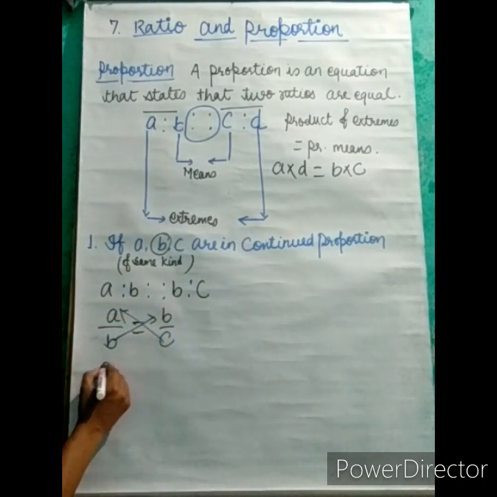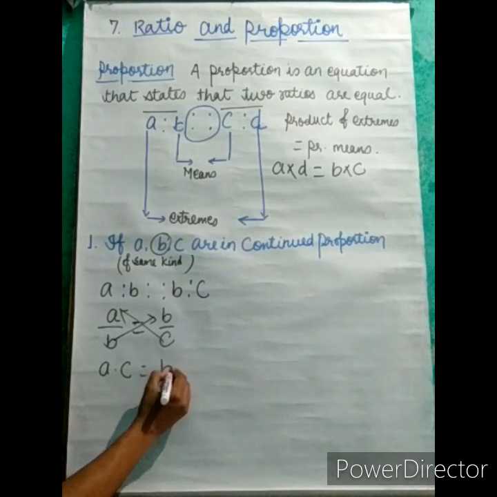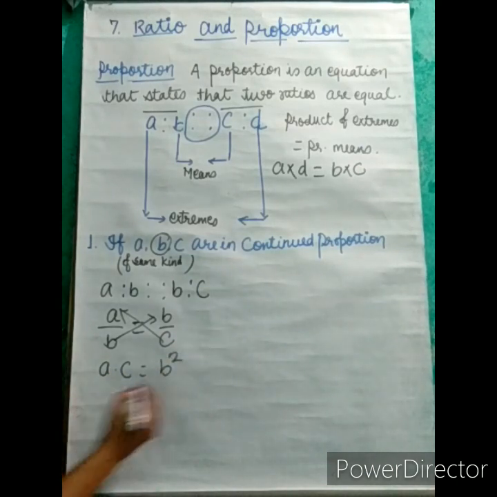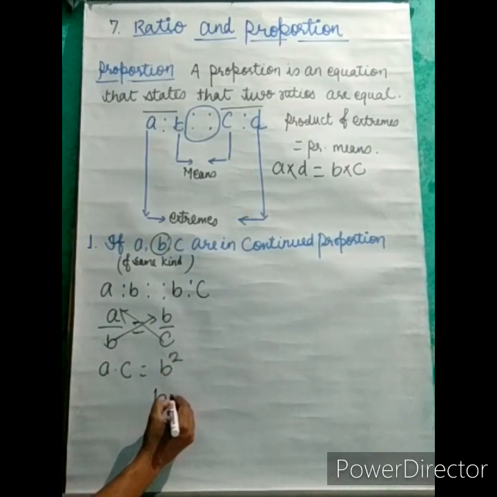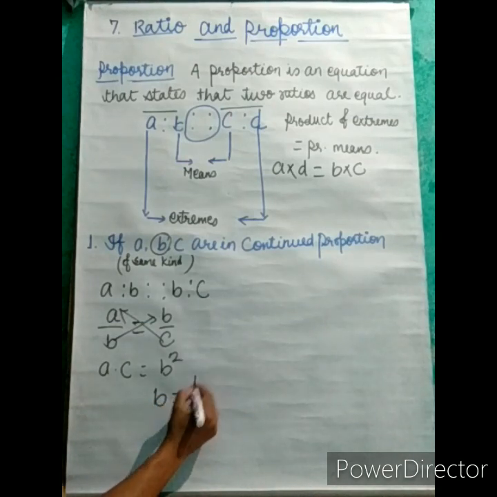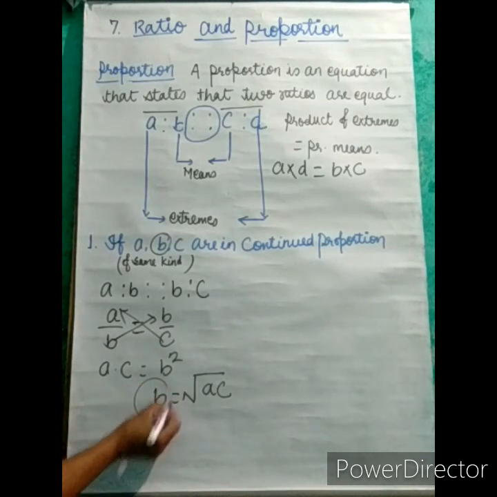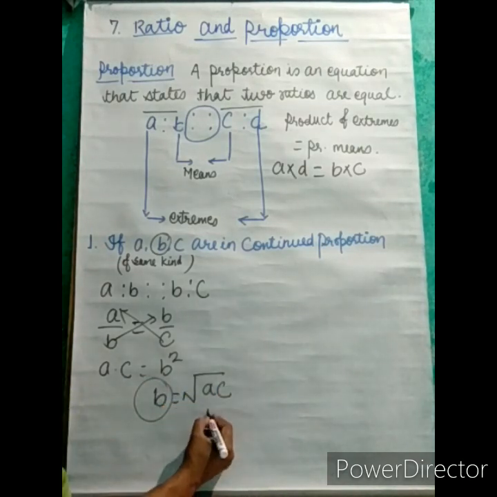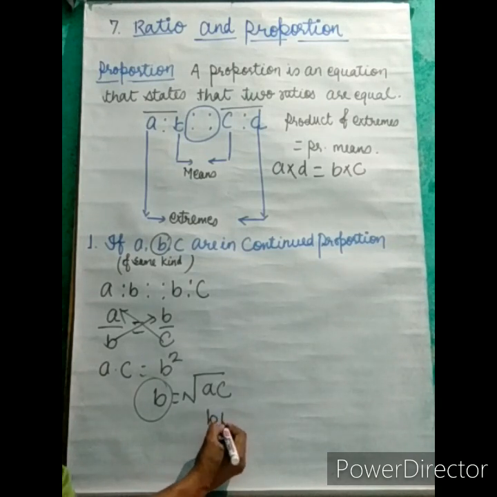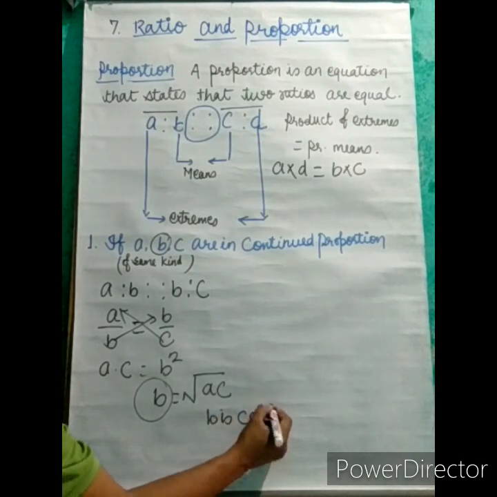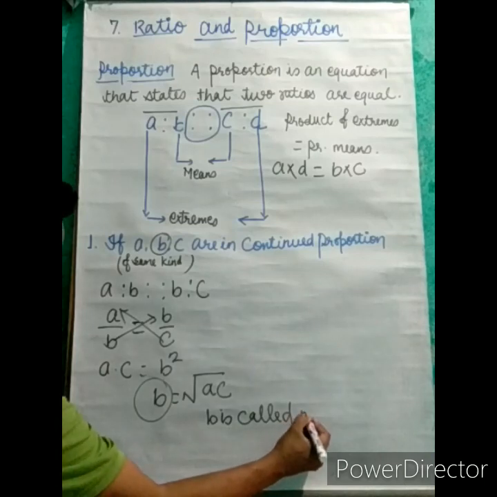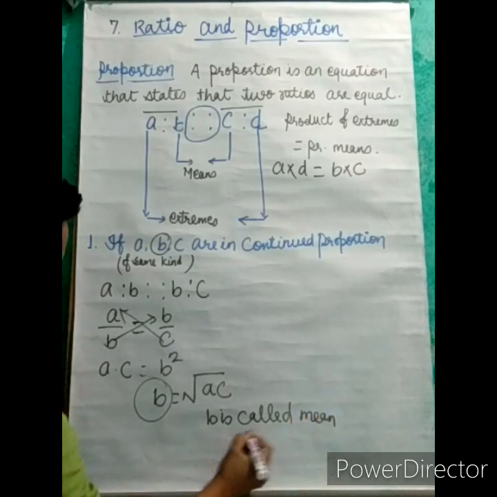So you will get A into C is equal to B square. Or we can write B is equal to under root AC. Here in this case, B is called the mean proportion.